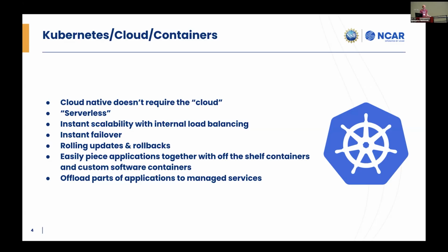It offers instant scalability with internal load balancing. Just by changing a single value, it'll automatically spawn new containers of your application and load balance between them, and it's awesome. Instant failover. HA kind of comes with cloud.